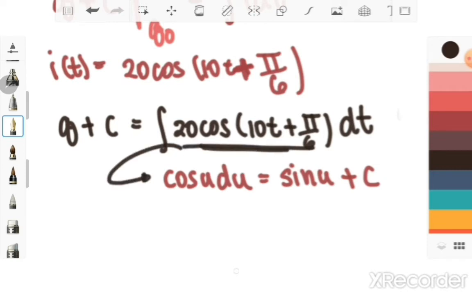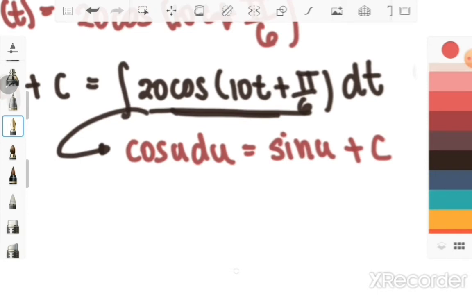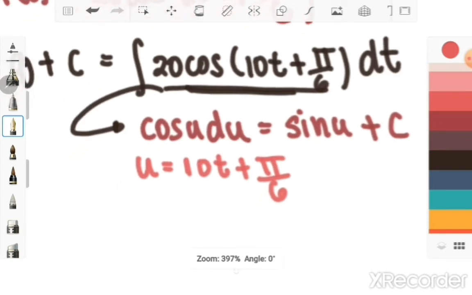Yung kamukha ng equation na yan. By letting your u be equal to your 10t plus pi over 6. That is your u, right? But what is your du?